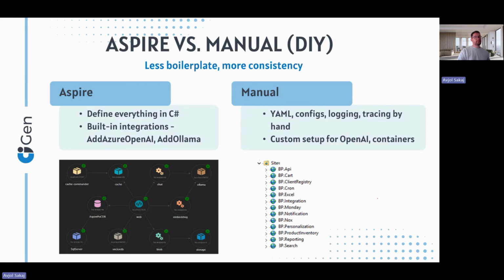So here is an example of the manual versus the Aspire way. The difference between manual orchestration and Aspire is day and night most of the time. With the DIY approach, adding a new service means adding Docker Compose entries or environment variables or environment files, logging, tracking case by case if you need to, monitoring, of course.